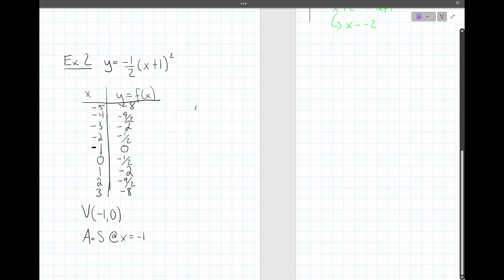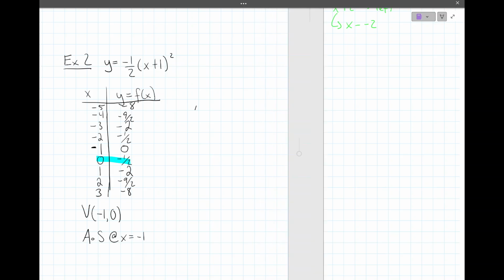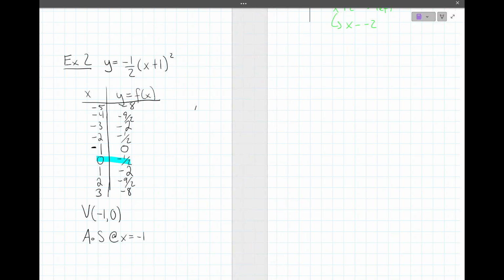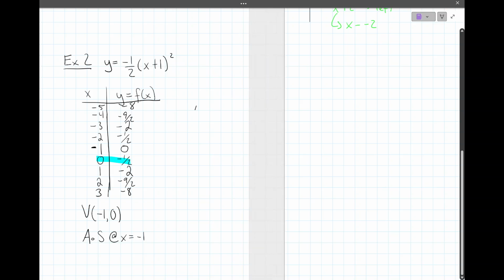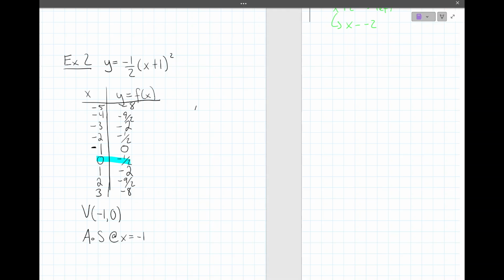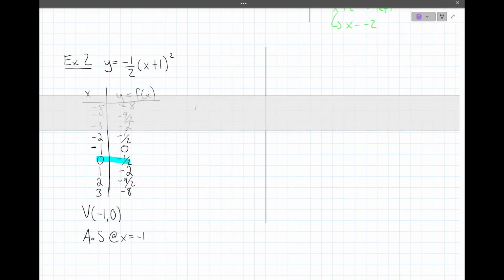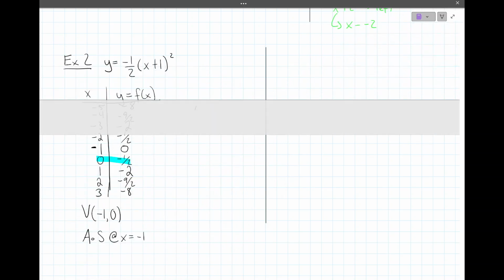It's this value right here. It's 0 and negative 1/2. We have one x-intercept, that's negative 1 and 0. Let's fill this in. Our range, our maximum value is 0. Everything else is negative. So that helps us out, that we can keep everything below the x-axis, so we can focus on the negative quadrants that we want to key in on here.